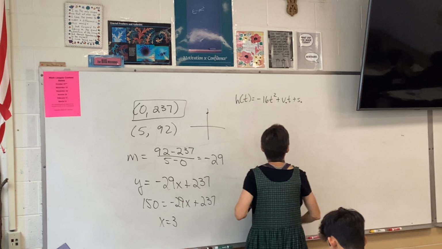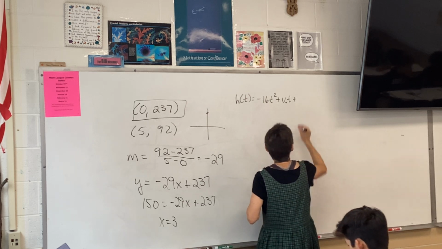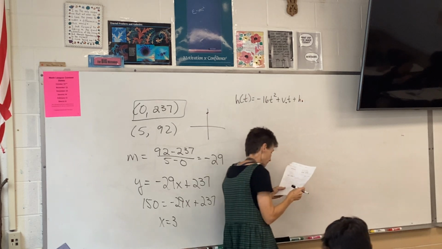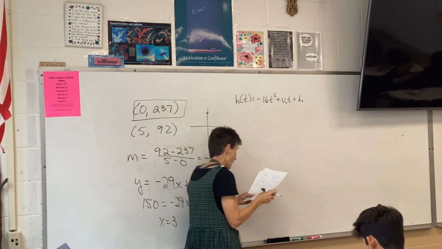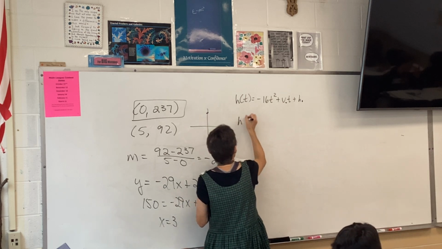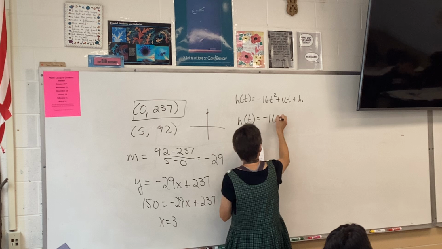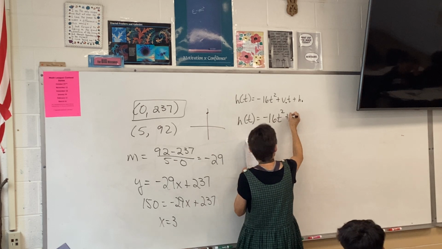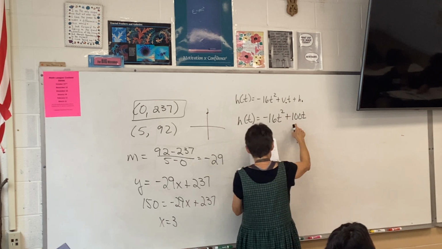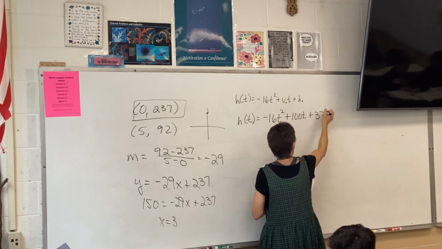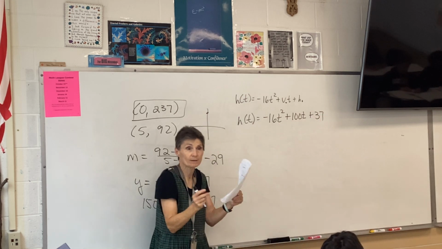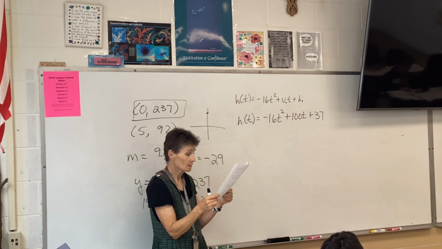And we're gonna plug in, oh, actually, it's already done for us. So I don't even need to plug in. They gave me the equation. So the initial velocity must be 100, and the initial height is 37. So I got my equation. I don't need to figure it out.